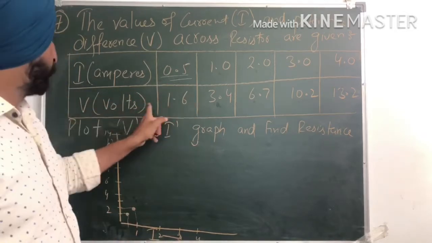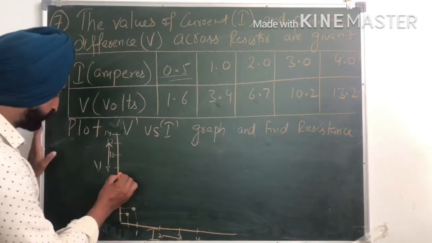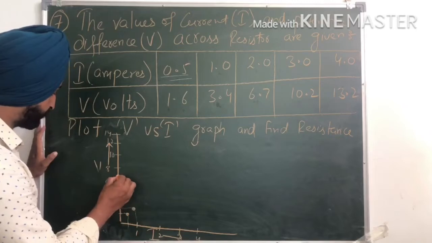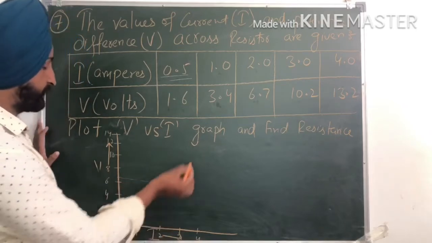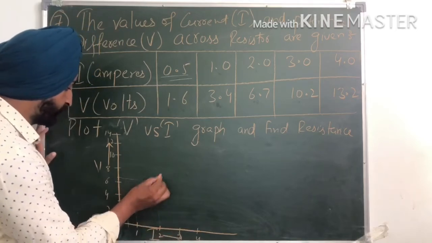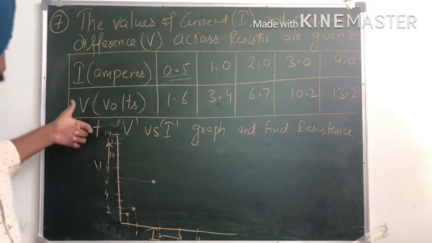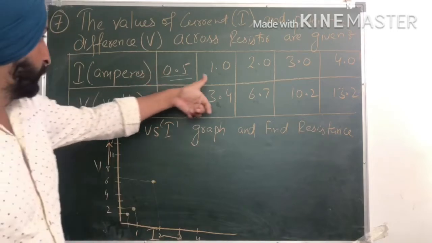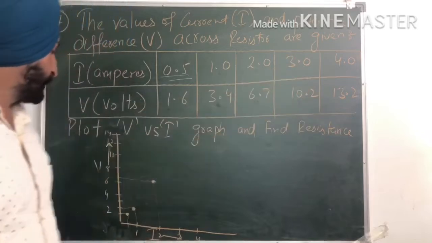Similarly, for voltage of 6.7, current is 2. So for voltage of 6.7, that will be lying somewhere over here. Our current is 2. So I will be joining these 2 points over here. Fine. So you have to join these with your scales. Next we have voltage of 10.2 and current is 3.